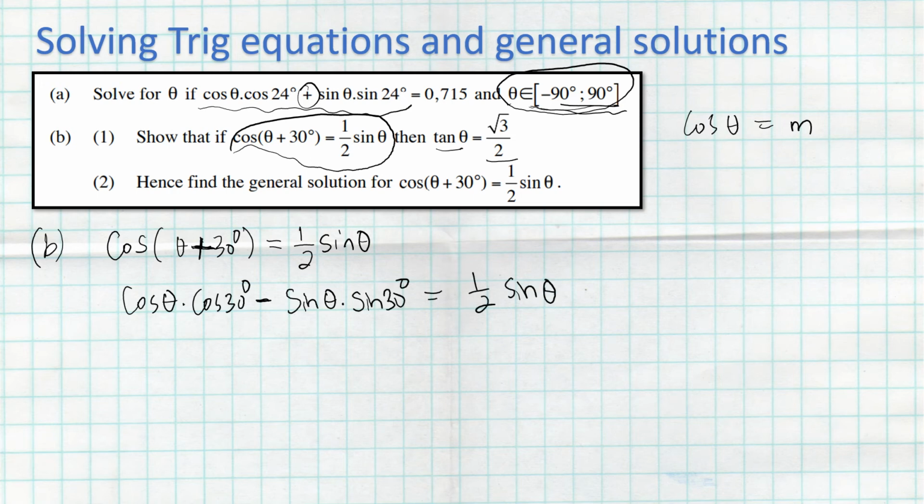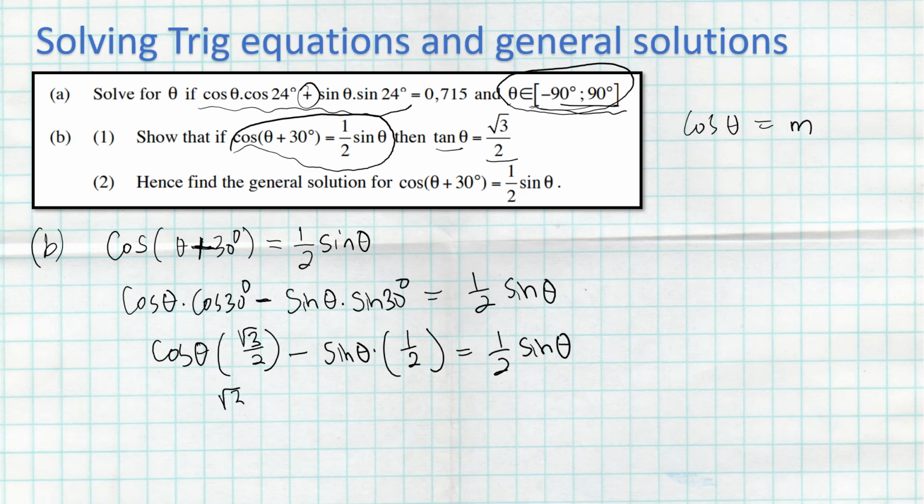So this will be cos theta. What is cos 30? It's the same as root 3 over 2, minus sine theta. What is sine 30? It's 1 over 2. Then this is 1 over 2 sine theta. So we have root 3 over 2 cos theta minus 1 over 2 sine theta, right?